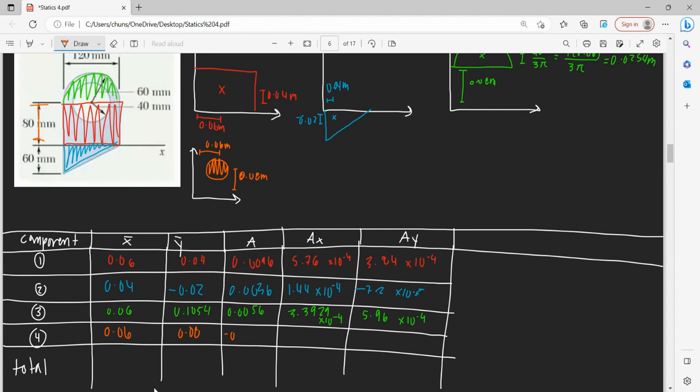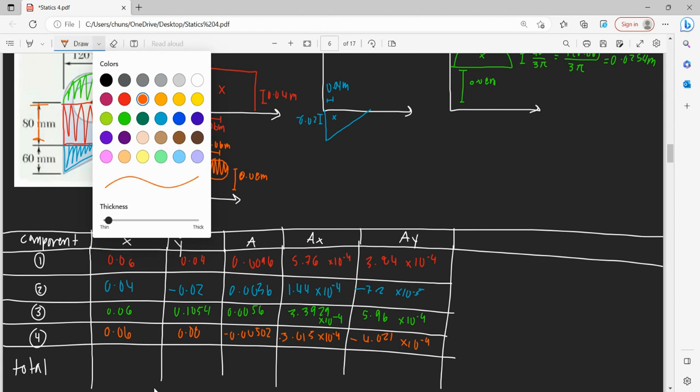And this gives us negative 0.00502 times 0.06. This is negative 3.015 times 10 to the negative 4. Then 0.08 times our area is negative 4.021 times 10 to the negative 4.